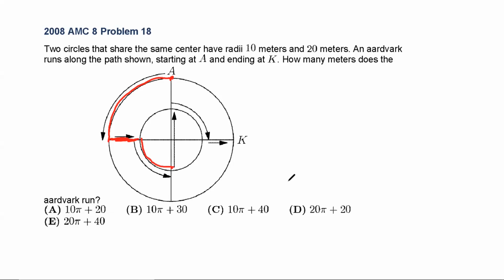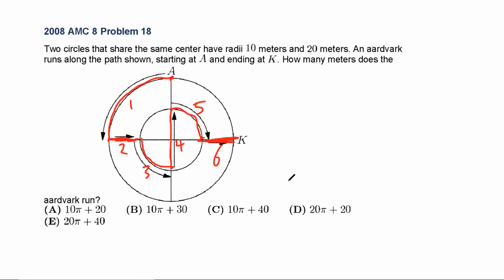Then you go through the diameter of the smaller circle. Then you go another quarter way around the smaller circle, and you travel to the outside circle again. So really this path has 6 stages. 1, 2, 3, 4, 5, 6.